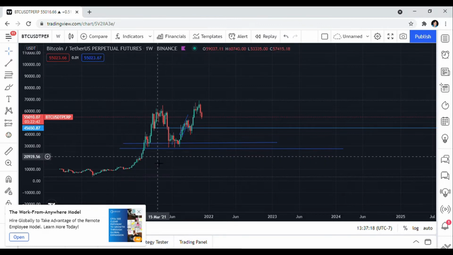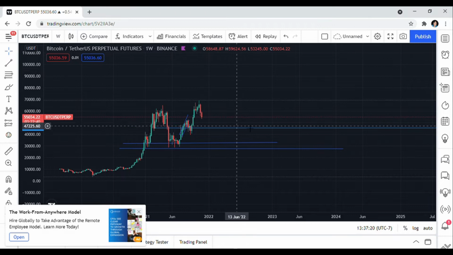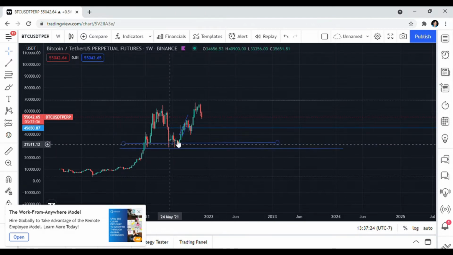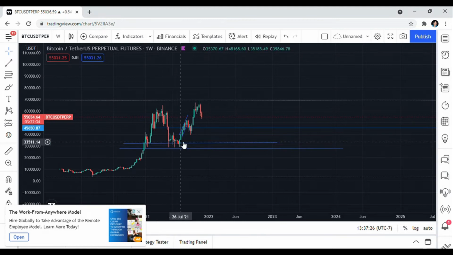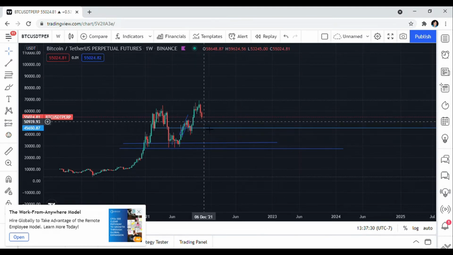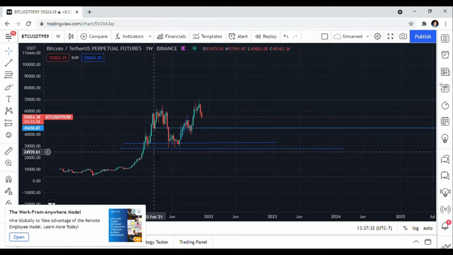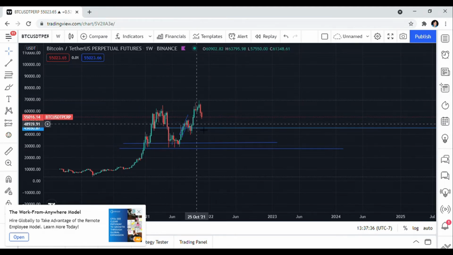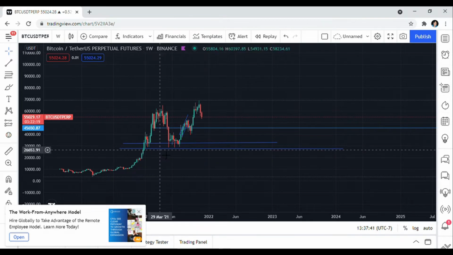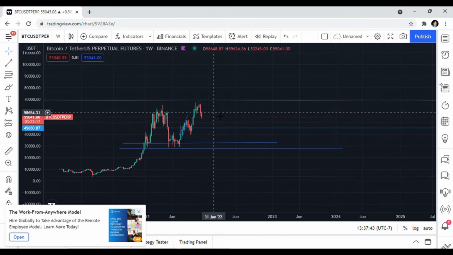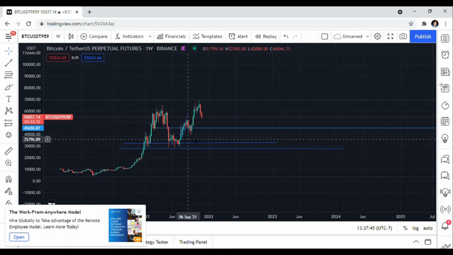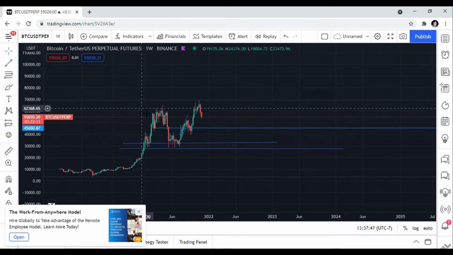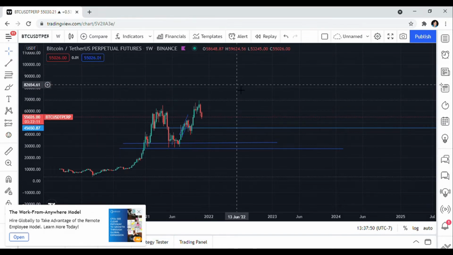Say the price is in a trend, like an uptrend or a downtrend, and you're able to draw a line connecting these higher highs or lower lows together, then you can identify a vertical support and resistance. So you would basically draw one line connecting the bottom part of the candles, and then another line connecting the top part of the candles.